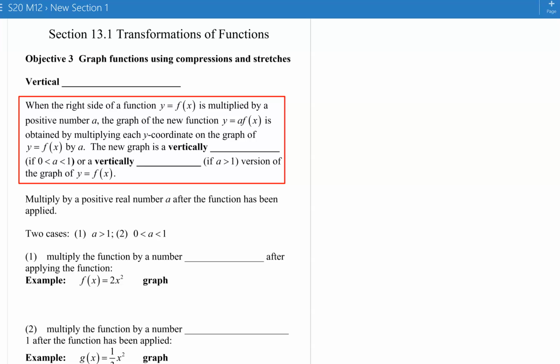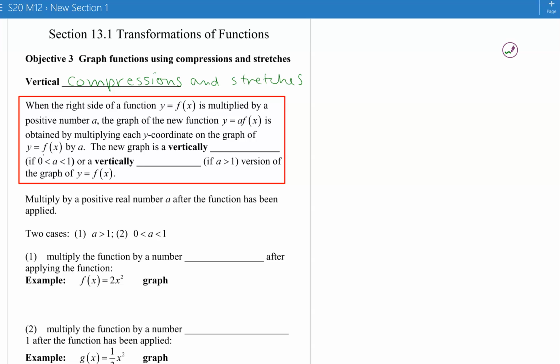So then we come to compressing and stretching. We're first going to talk about vertical compressions and stretches. So again, this focuses on whether the thing is happening before or after the function.